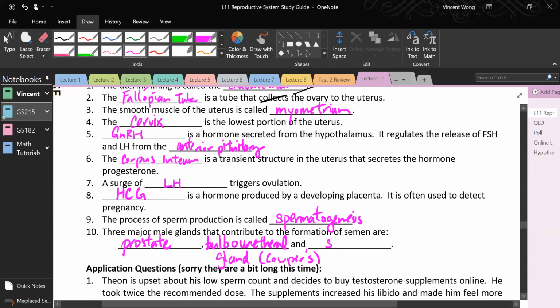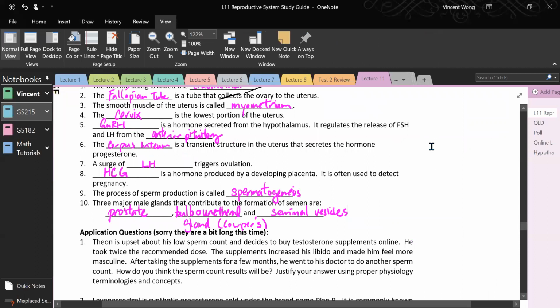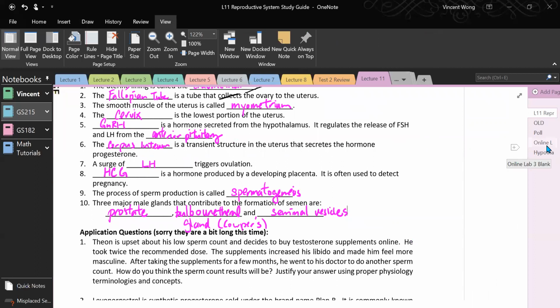And then there's the seminal vesicle. Now I'm going to quickly go through what's going on with the guys in terms of the hormones.